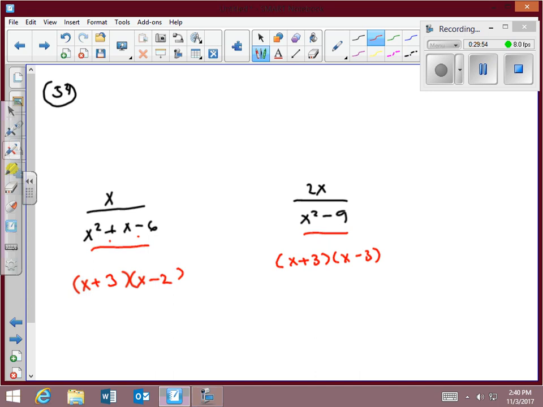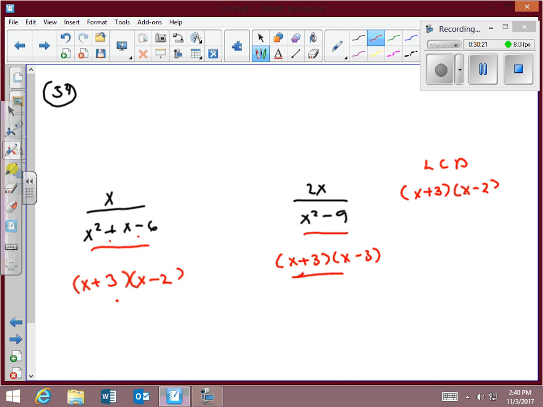Now we're ready to do what? Least common denominator. Now our first denominator we look at, we just take all of those prime factors over, right? x plus 3, x minus 2. Now in the second one, when we look at it, we have to see whether all of our prime factors are in there.